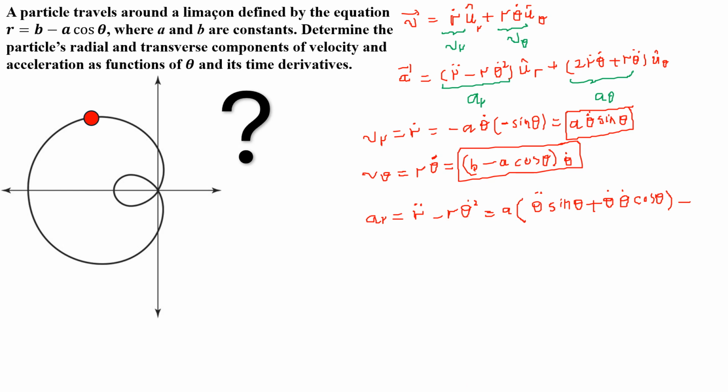r theta dot squared. So now what is r here? I'll write the function itself given in the question: b minus a cos theta, times theta dot squared. If you think about this, for the second term I just plugged in the symbols; I didn't do any differentiation here.